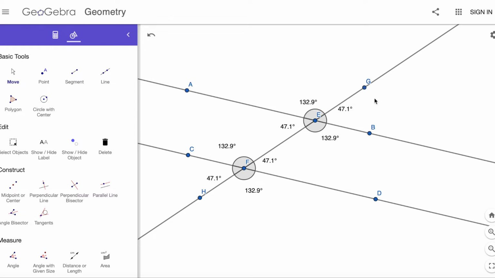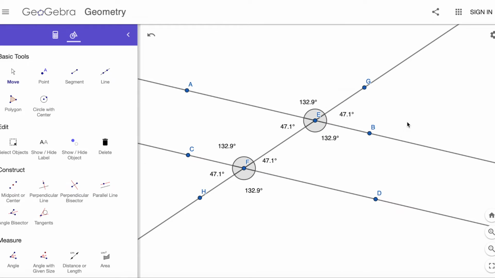If we look at our other pair, angle GEB and angle CFH, they also have the same angle measurement. So we know that alternate exterior angles are congruent with one another. These 2 are congruent. That's pretty cool. That means that they are equal to one another.